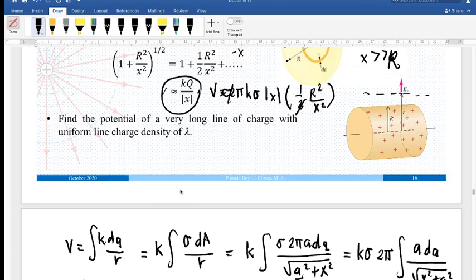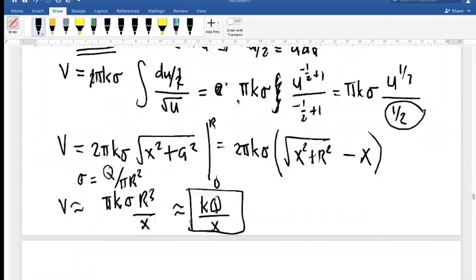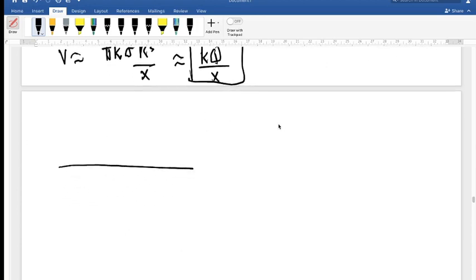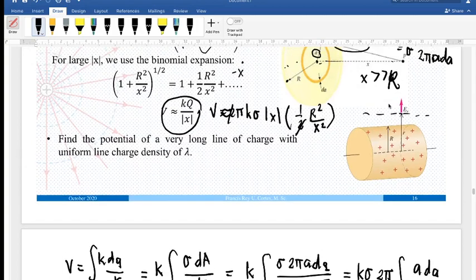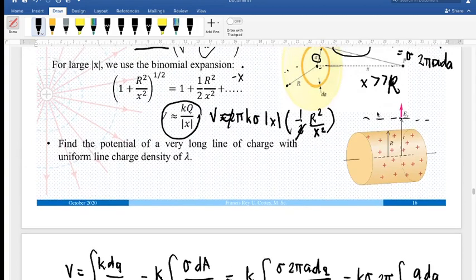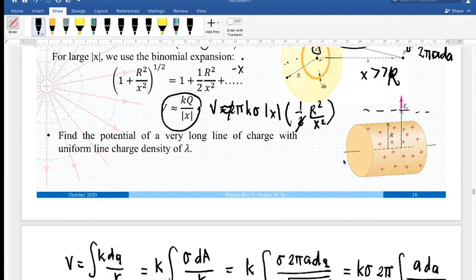So we just have to use the relationship: delta V is equal to the negative integral of E dot dl, from point A to point B.